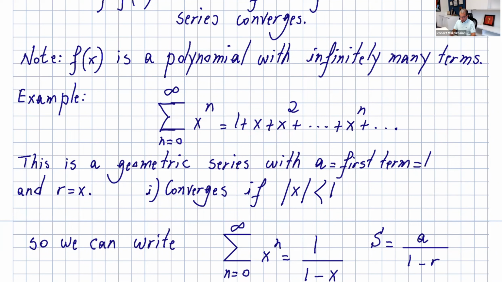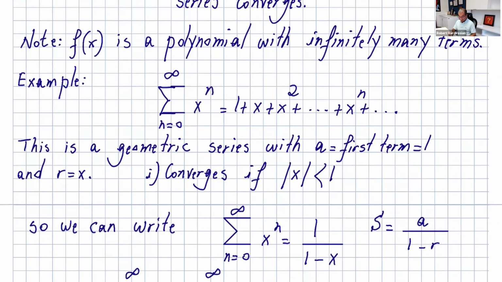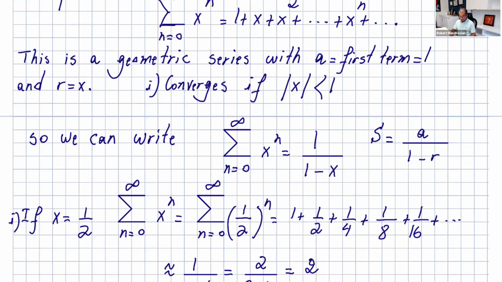Now, we know that a geometric series converges when the absolute value of the ratio, here the ratio is r, is less than 1. Since here the ratio is x, this series is going to converge for absolute value of x less than 1. It converges to a sum, and that sum is given by a, the first term, over 1 minus r.